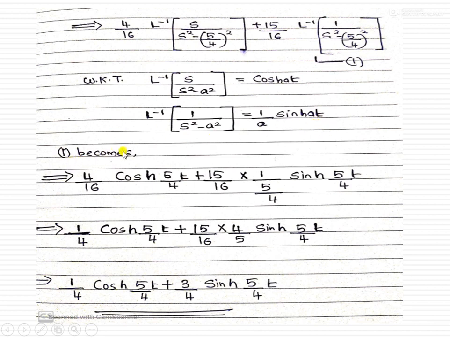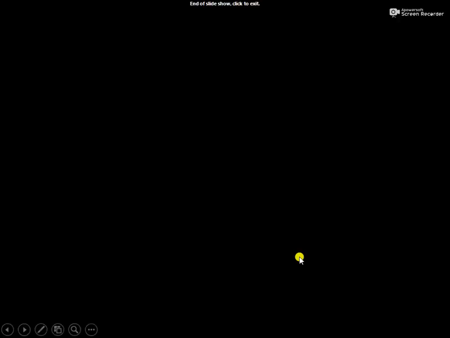That is, the inverse Laplace transform of s by (s squared minus (5 by 4) whole squared) can be written as cosh (5 by 4)t, and the inverse Laplace transform of 1 by (s squared minus (5 by 4) whole squared) can be written as 1 by (5 by 4) sinh (5 by 4)t. And by simplifying, at last we get 1 by 4 cosh (5 by 4)t plus 3 by 4 sinh (5 by 4)t. Thank you.